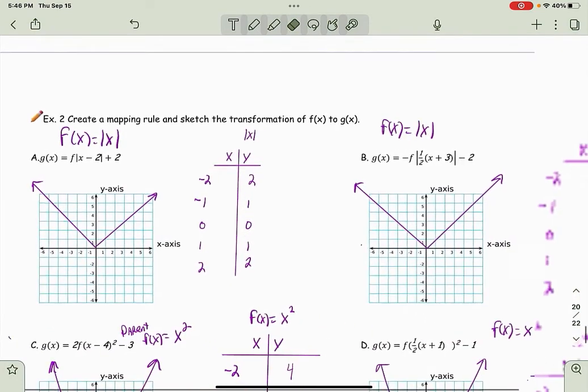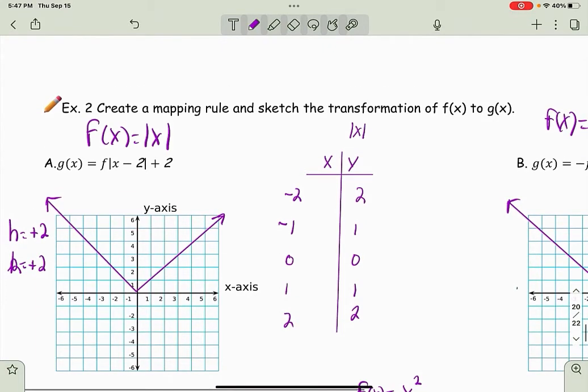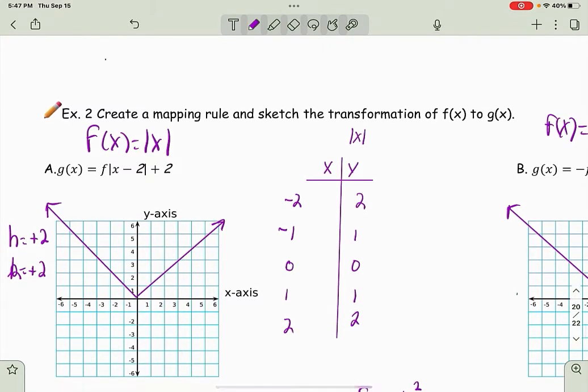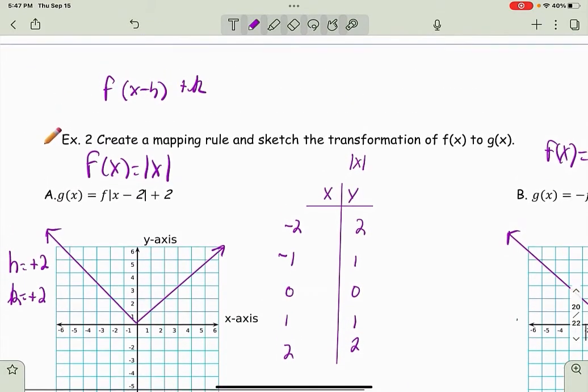So let's go ahead and first see what we're doing with problem A. So let's go ahead and do h. So we see that h is going to be plus 2, and k is also plus 2. And don't forget, our formula is f of x minus h plus k. So our minus 2 is positive.